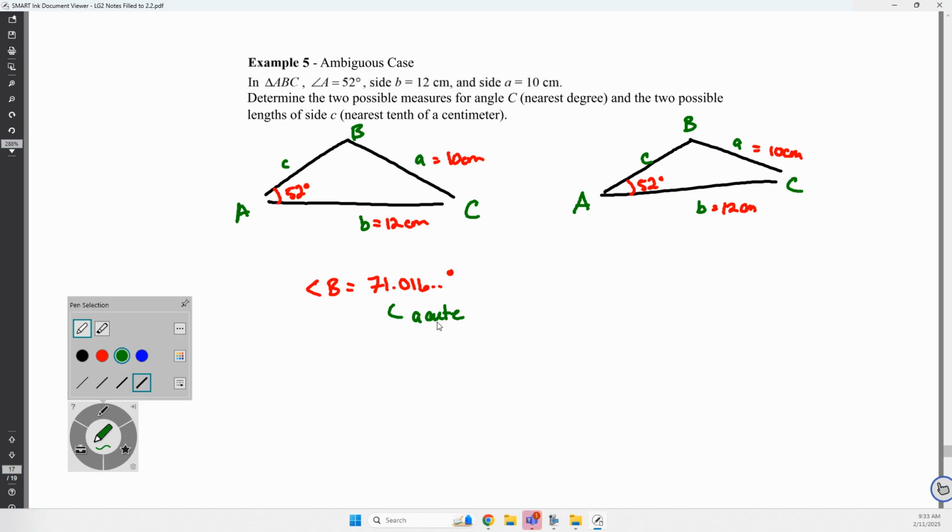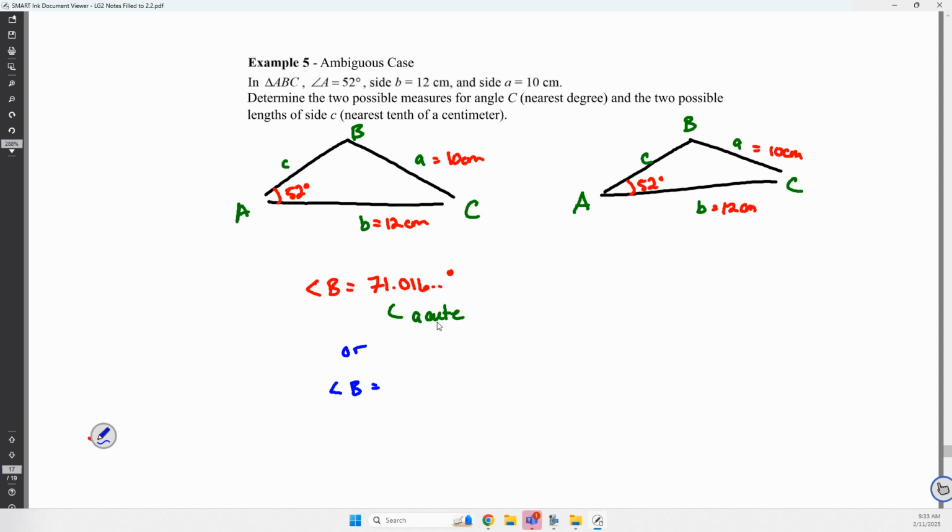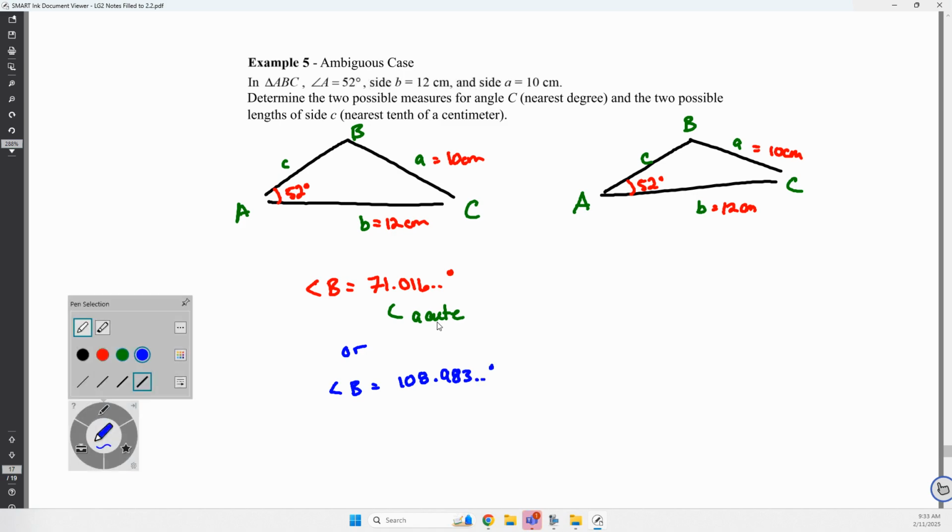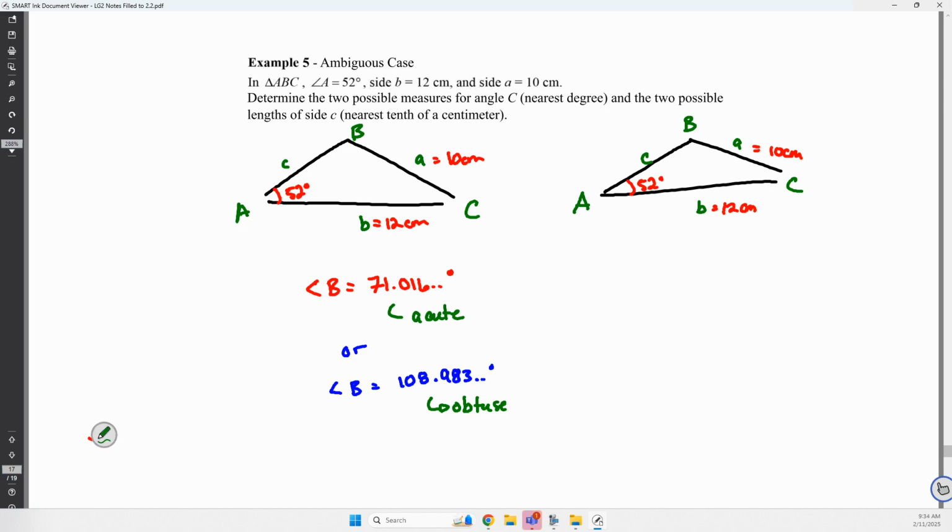Likewise, if I do the other one, or if I do angle B, which is the reference angle minus that, we get 108.983. And in this case, this one is obtuse. So right off the bat, I have two different angles, and they are ambiguous. We don't know which one.